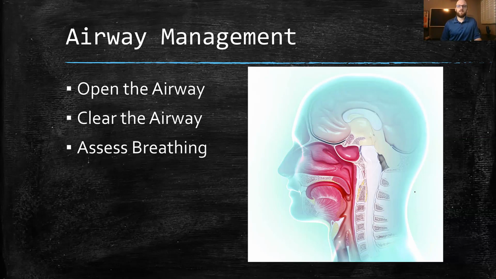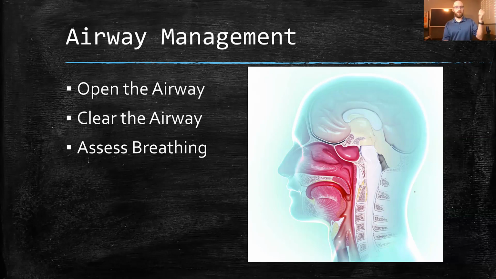Then we have to assess the quality of breathing, because airway management is hinged a little bit on the breathing assessment. I know we have airway, breathing, and circulation, but 100% of the airway decisions don't just get made in airway. It's really airway and breathing combined, because somebody could have an open and clear airway but not be breathing.